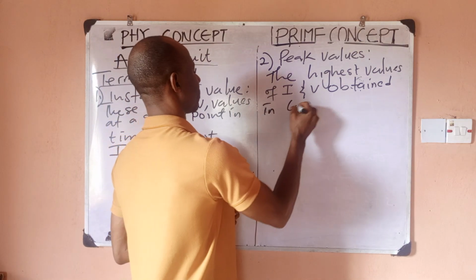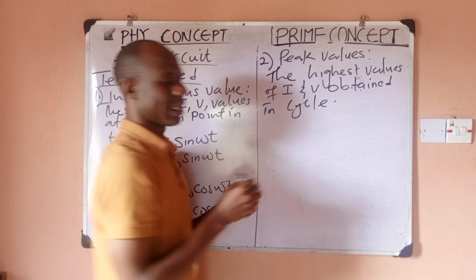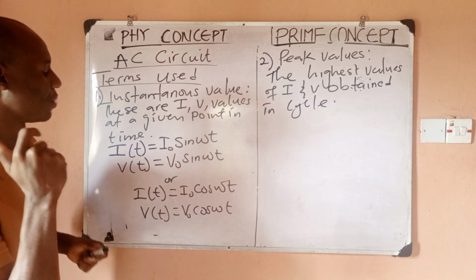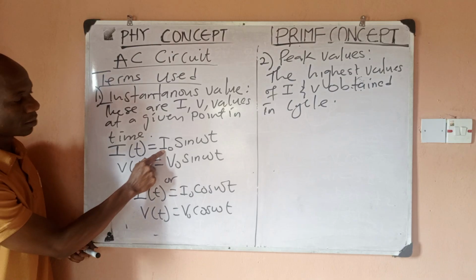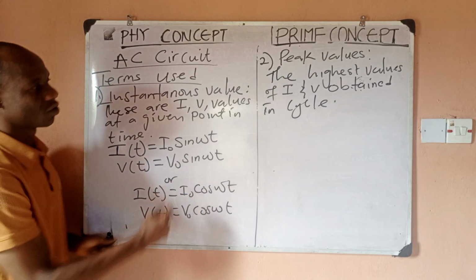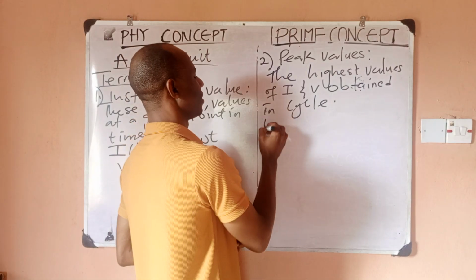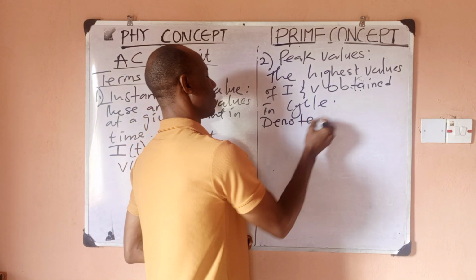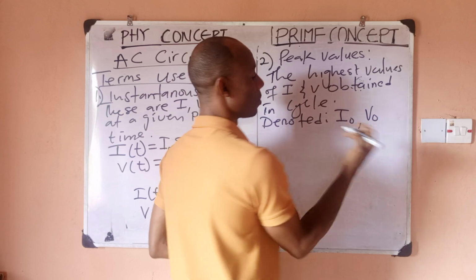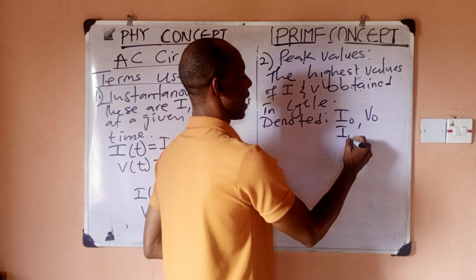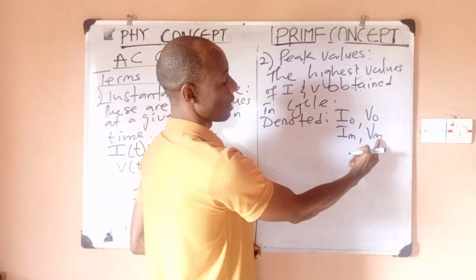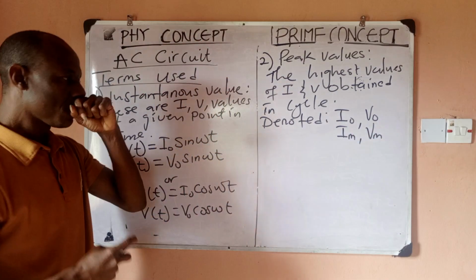So these are the highest values you can obtain, which I already showed in that diagram. From this equation, the peak values are your I naught and V naught, and they are denoted by I naught or V naught. Some books might use IM, VM, which simply means maximum current or maximum voltage.